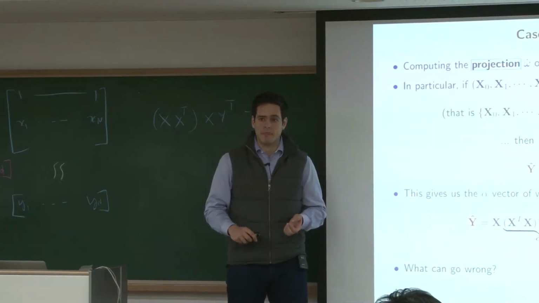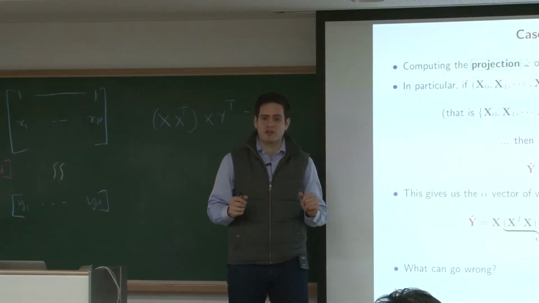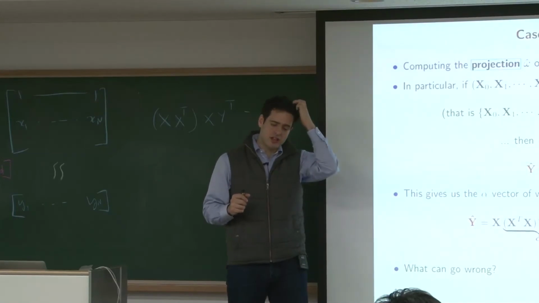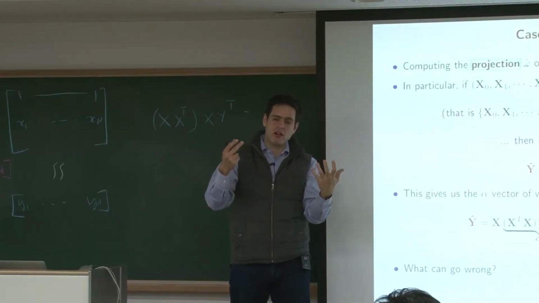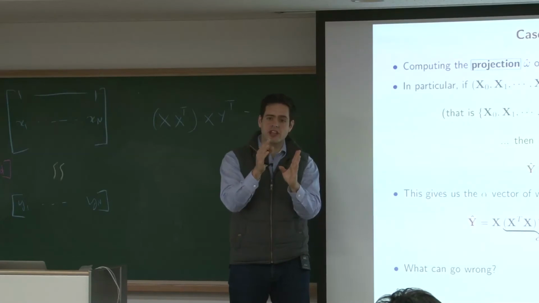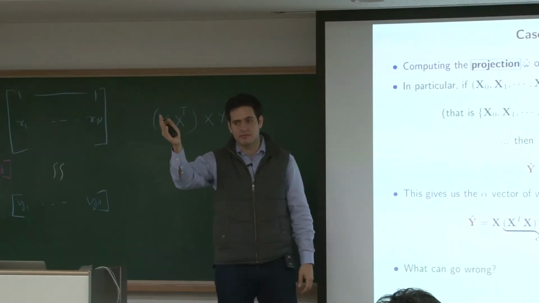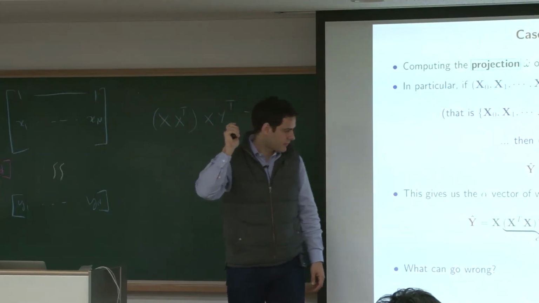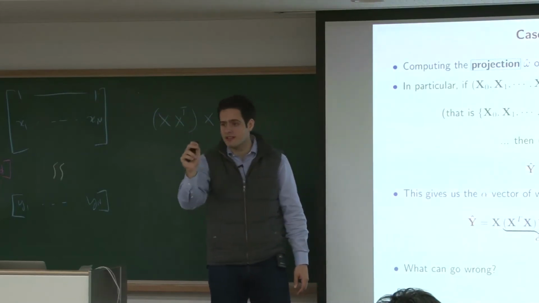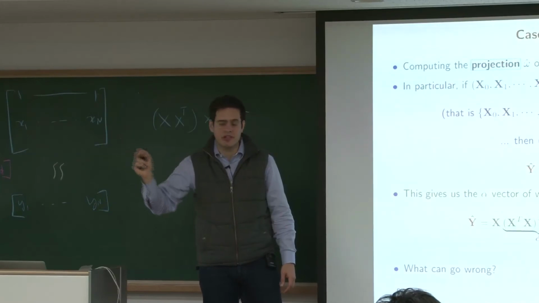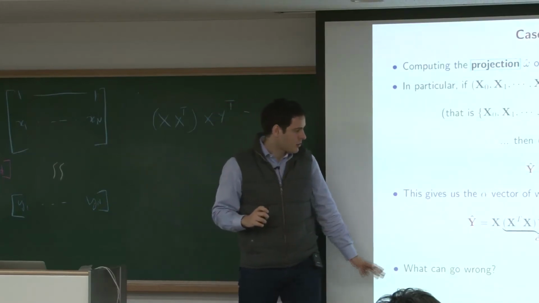Okay? So there is a geometric interpretation to linear regression. It's just what is the set of variables which can help me reconstruct accurately the predicted variable. Okay? Sorry, what are the weights which can help me reconstruct the predicted variable? So what can go wrong?